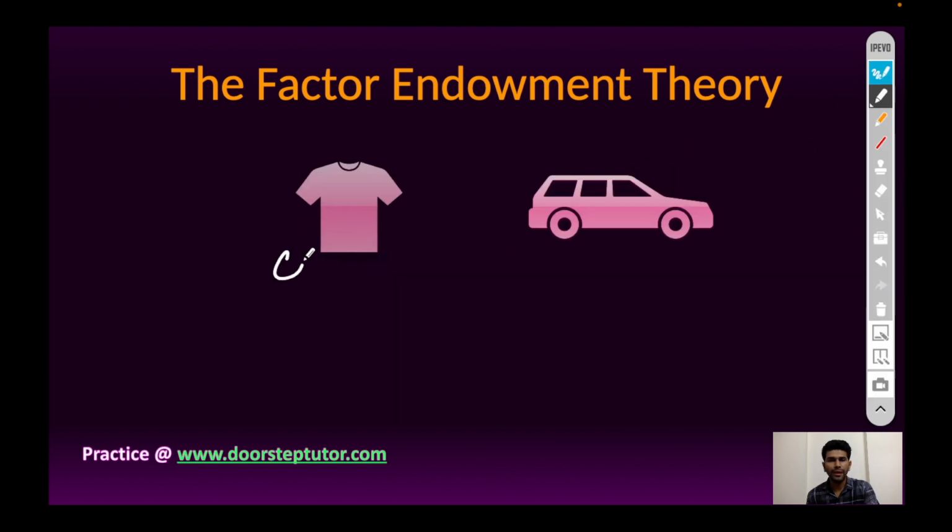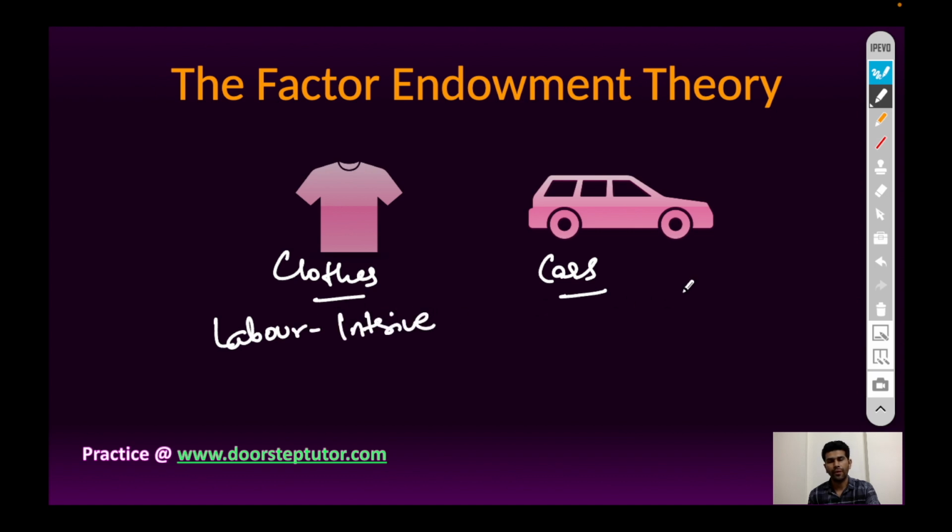For example, there are two commodities, clothes and cars. Clothes can be produced by using labor intensive method and cars can be produced by using capital intensive method.